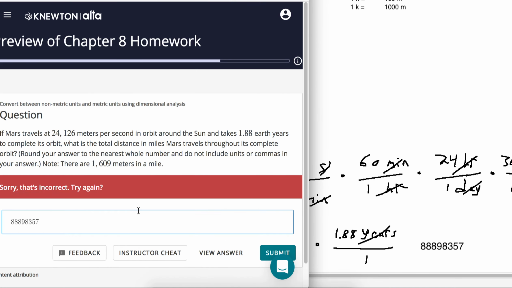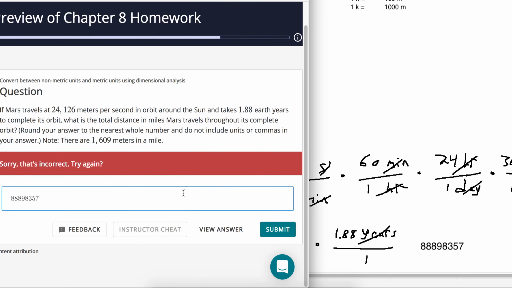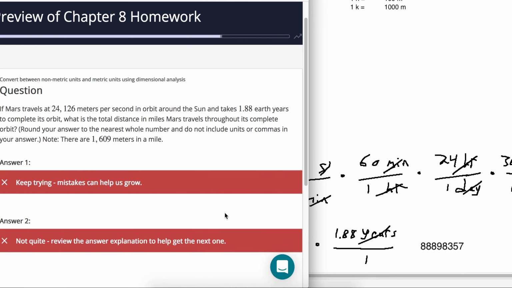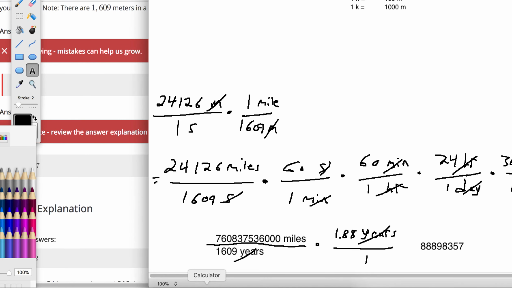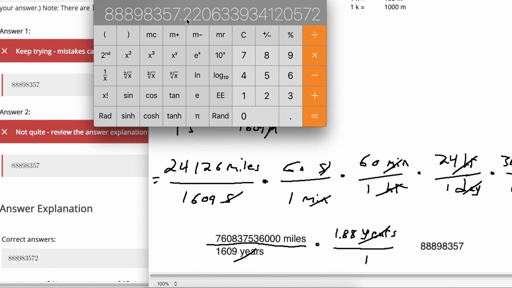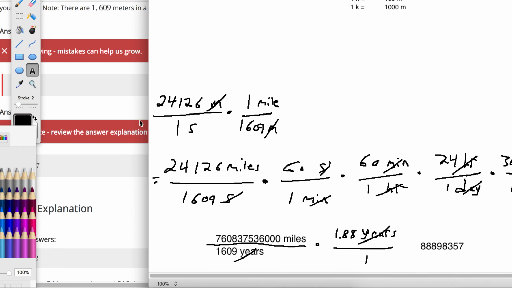Hopefully we have it the way Newton wants it, and it says, let's see, 888,983,572. I must have dropped a decimal here. Let me take a look. 57.2. Maybe I dropped a 0 when I typed these in.